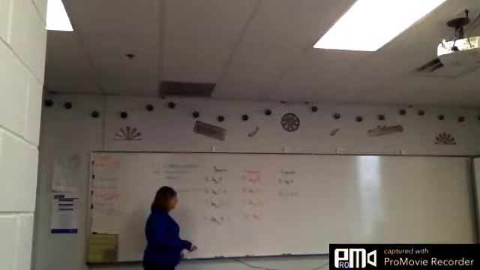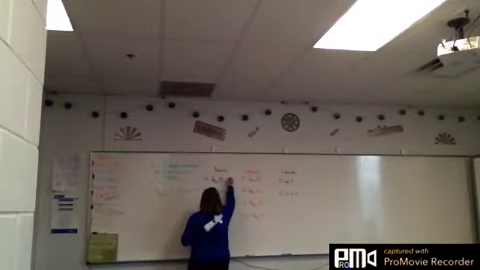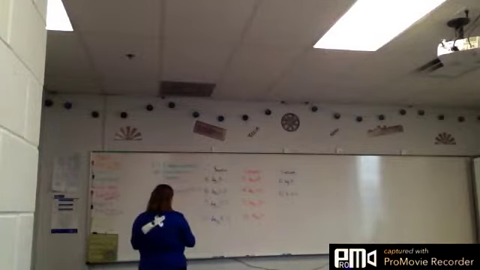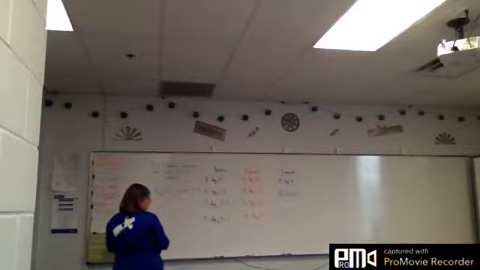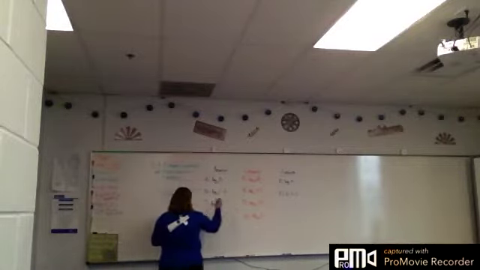So we're going to start with this one right here. It wants me to rewrite log base 2 of 8. How would I rewrite log base 2 of 8 in exponential form? You would have 2.